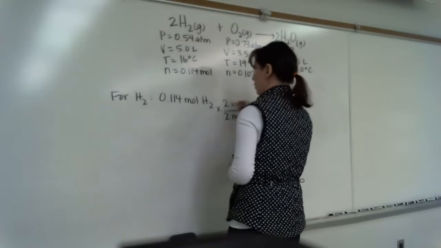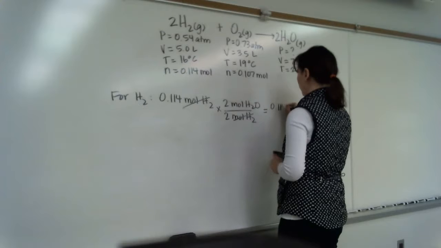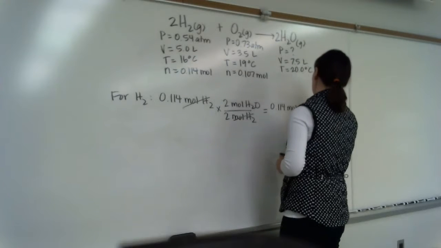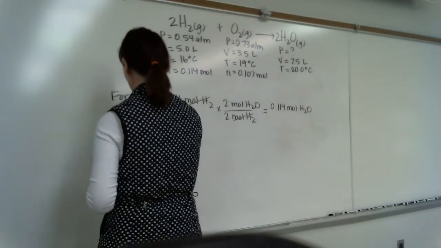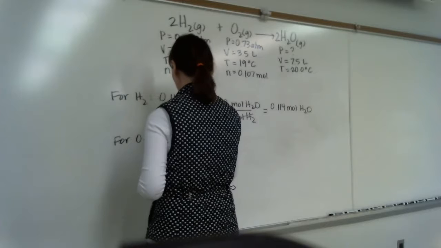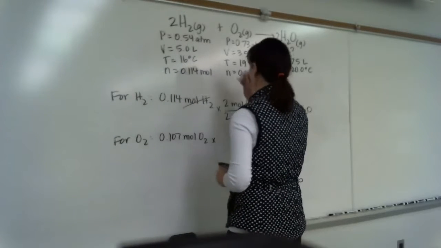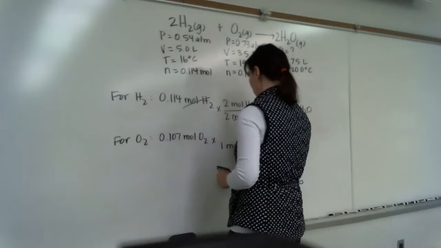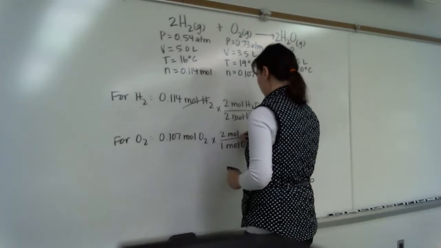So my number doesn't change, just my units, right? So 0.114 moles H2O. And then for O2, take my numbers, 0.107 moles O2 for every 1 mole that I use, and make 2 moles of water.